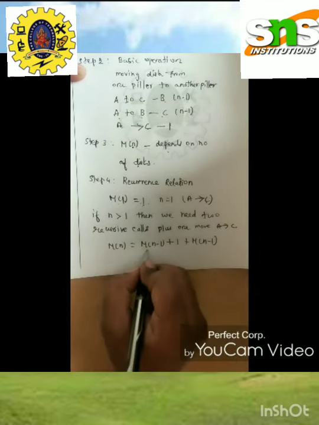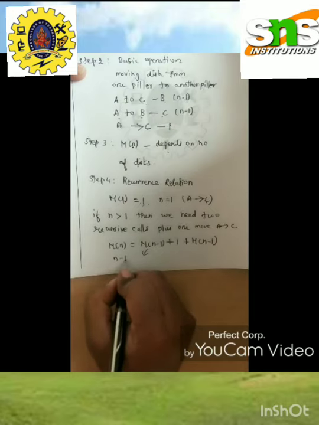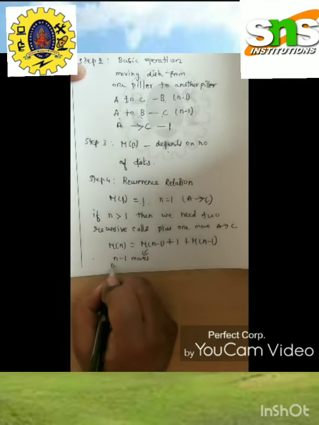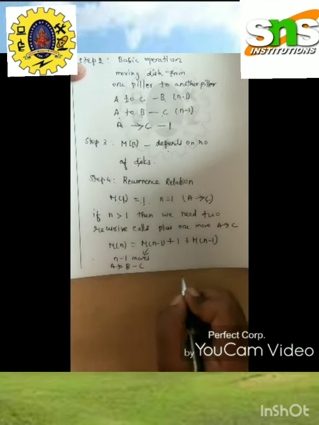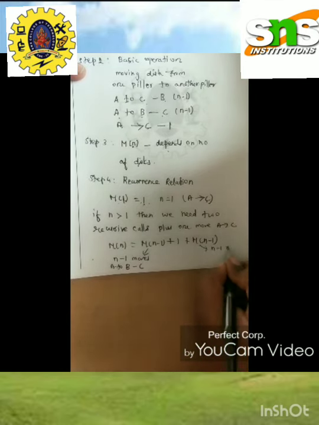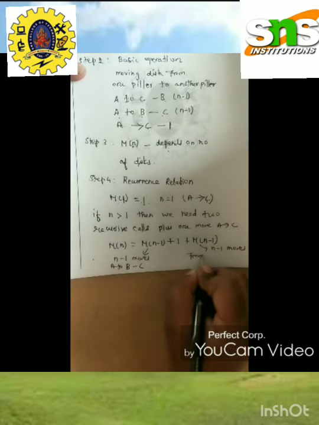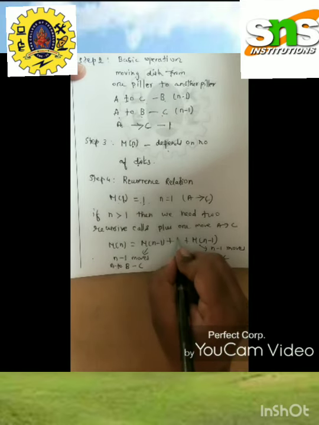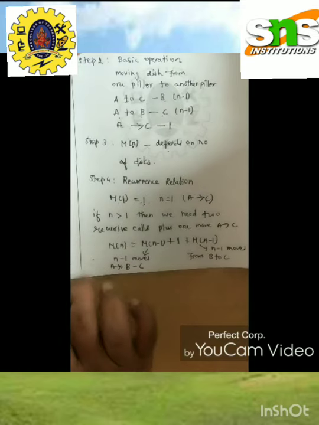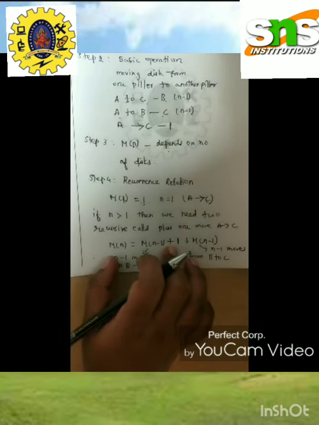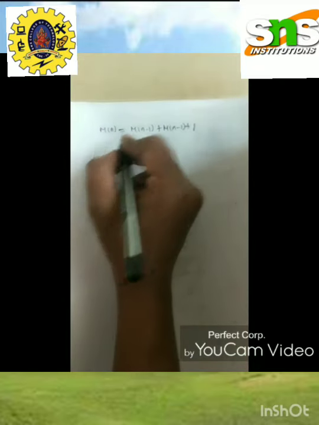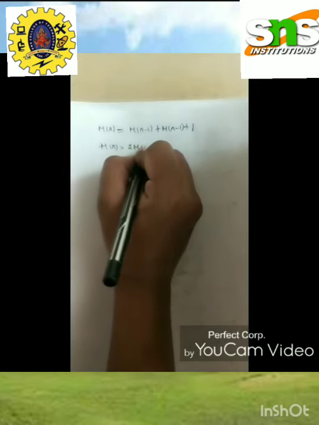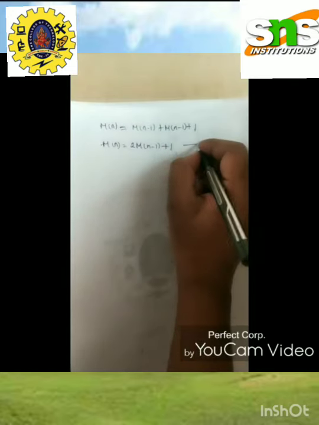This is n minus 1 moves from A to B using C as auxiliary, this is n minus 1 moves from B to C, and this is one direct move from A to C. In the previous step I have rewritten it like this: M of n equals 2 into M of n minus 1 plus 1. This will be marked as equation 1.